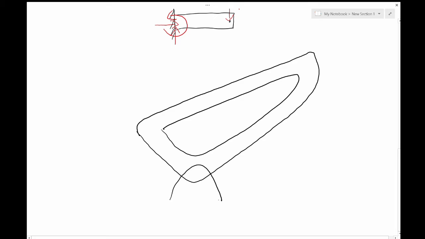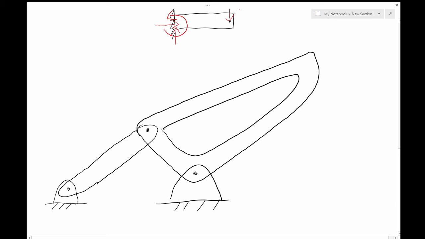So this here is going to be on a big pin joint. It's actually a clevis, and we're actually going to draw in yet another linkage coming like so. And this one here is also going to be fixed to the ground.